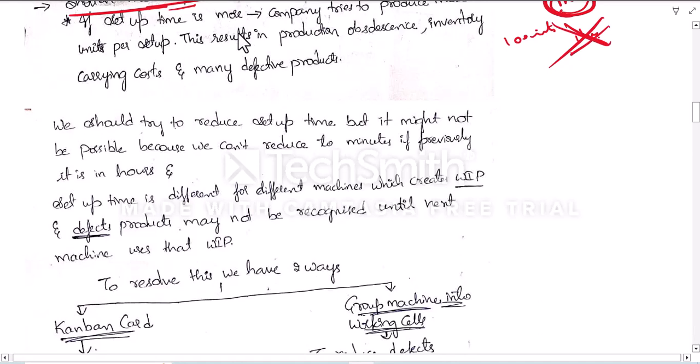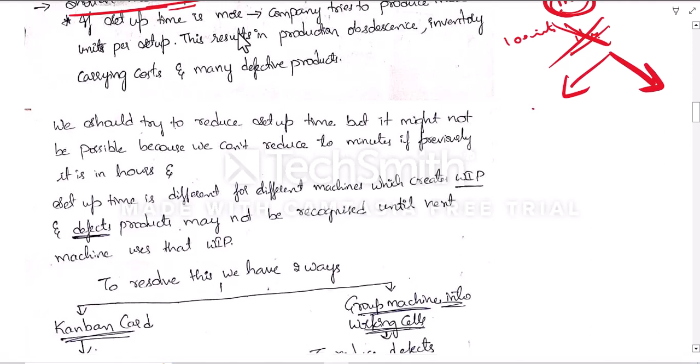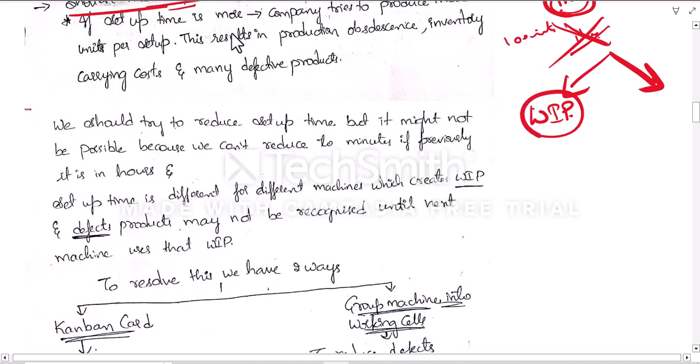Then we have two problems because of this setup time. If we produce in huge lots because of setup time, there might be a lot of work in progress. There will be work in progress in another instance also.